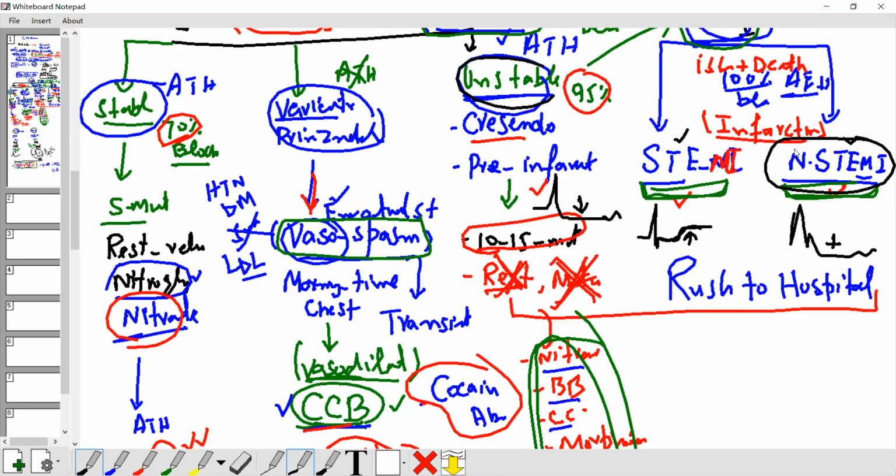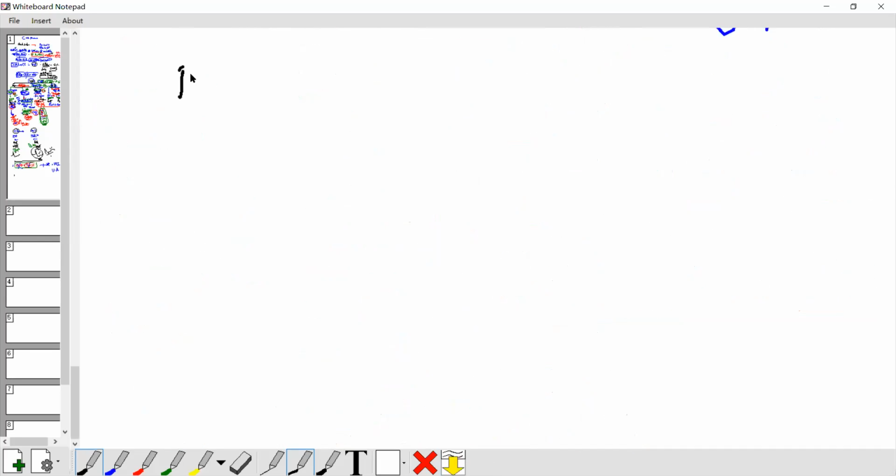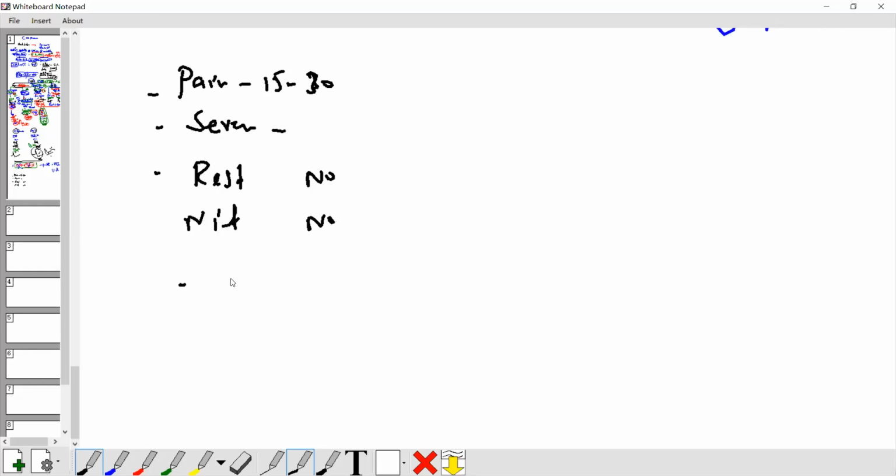Unstable angina is very similar to non-STEMI. Listen here. How about the pain duration? 15 to 30 minutes, exceeding. How about the severity of the pain? Very severe. Pain relieved by rest? No. Pain relieved by nitroglycerin? No. In the ECG, the ST segment is depressed. From these features, what do you say? Is it stable angina?